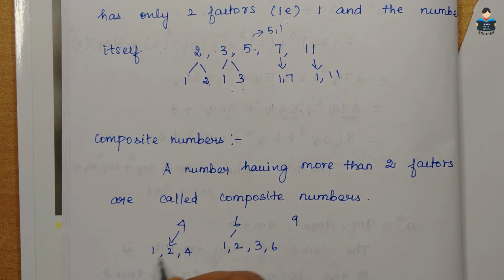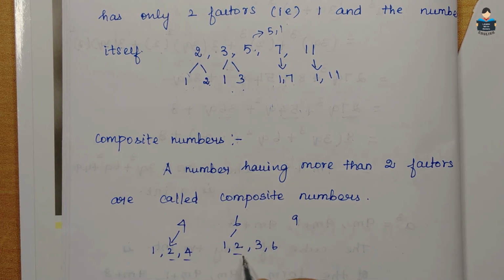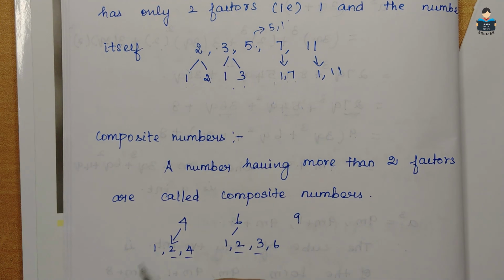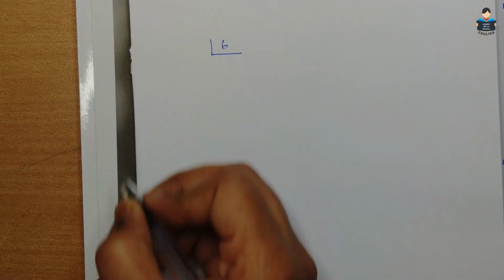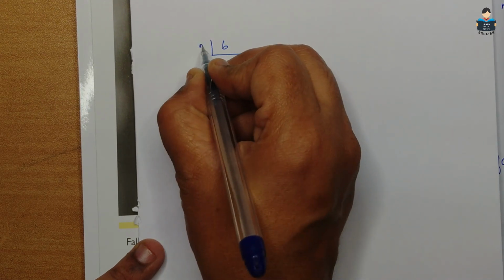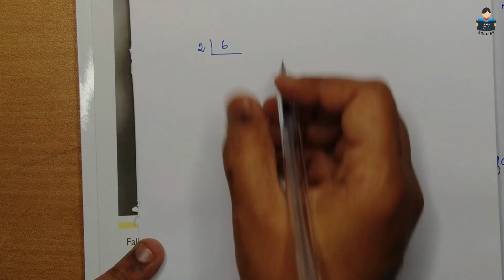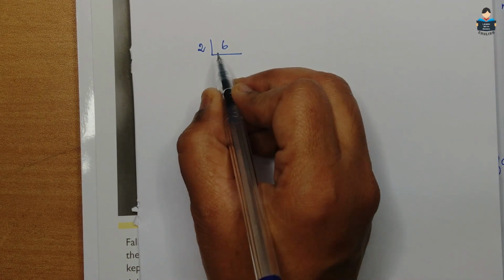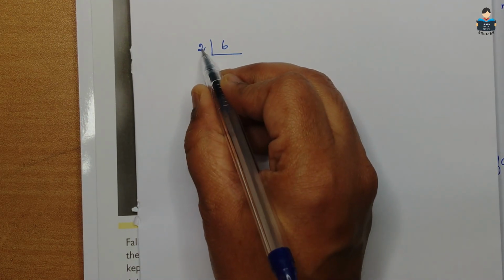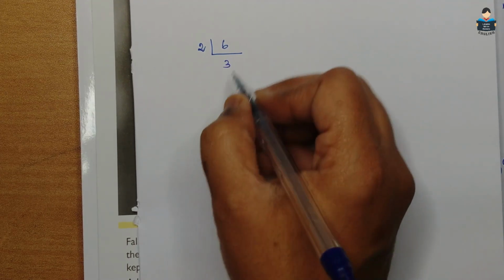So how do we get these factors 2, 4, 2, 3, 6 and all? We will do it by the L method. If we take 6, we have to start with the smallest number, so we divide by 2 first. You will get 2 3s are 6.